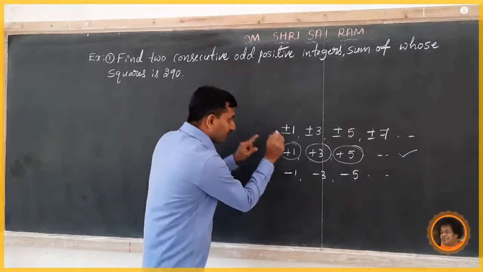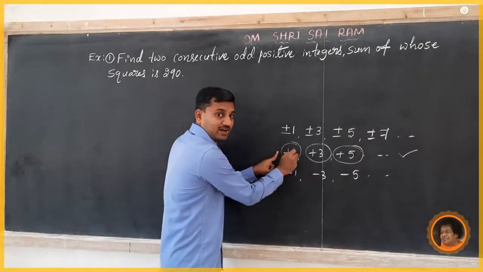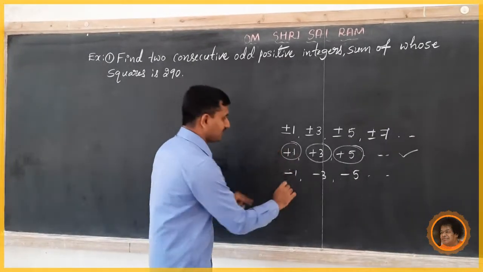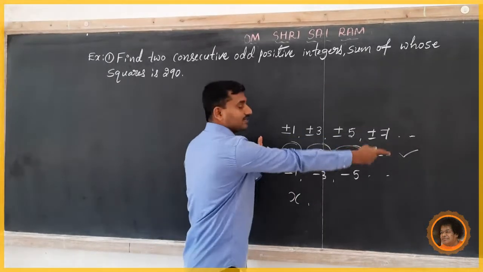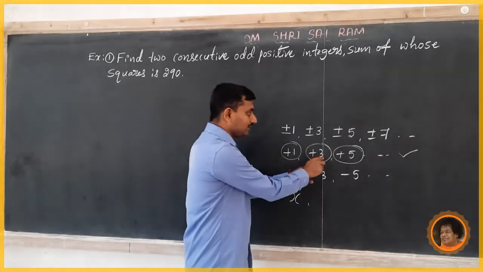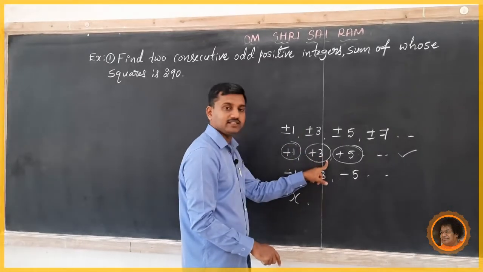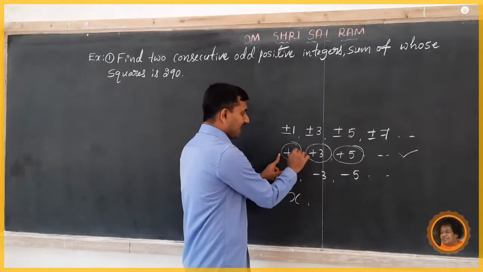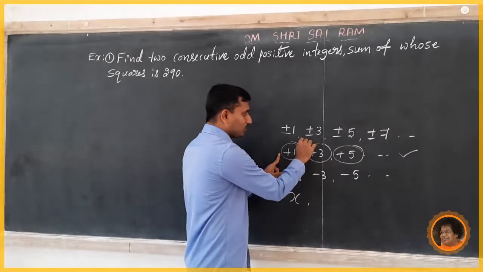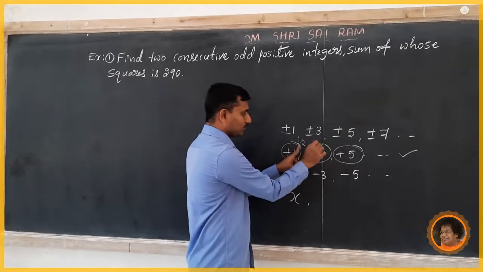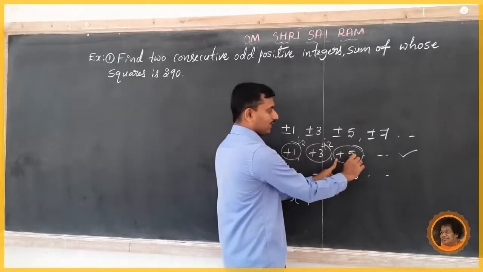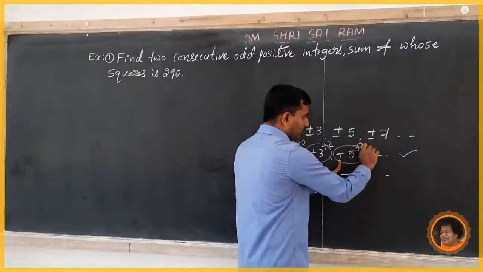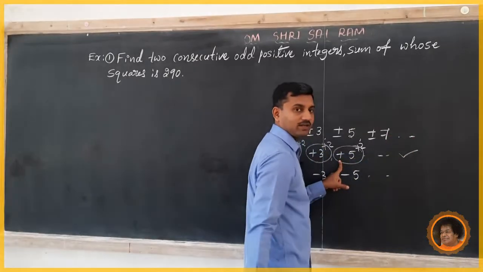Let the first, smaller odd positive integer be x. What about the second one? How do we get 3 from 1? By adding 2. 1 plus 2 equal to 3, 3 plus 2 equal to 5, 5 plus 2 equal to 7.